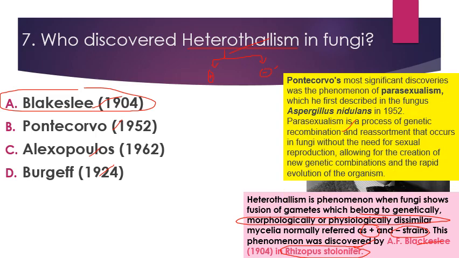Next scientist name is Pontecorvo. His most significant discovery was the phenomenon of parasexualism in fungi. तो fungus में इन्होंने parasexuality को सबसे पहले डिस्क्राइब किया है in Aspergillus nidulans in 1954. जो parasexualism होता है, it is a process of genetic recombination and reassortment that occurs in fungi without the need of sexual reproduction. तो इसमें true sexual reproduction नहीं होता है, but there is exchange of genetic material by other ways, allowing the creation of new genetic combinations.